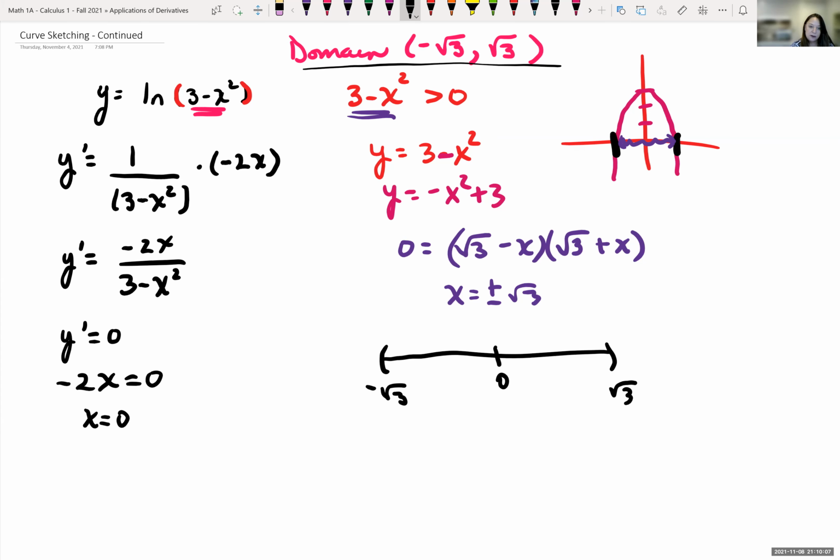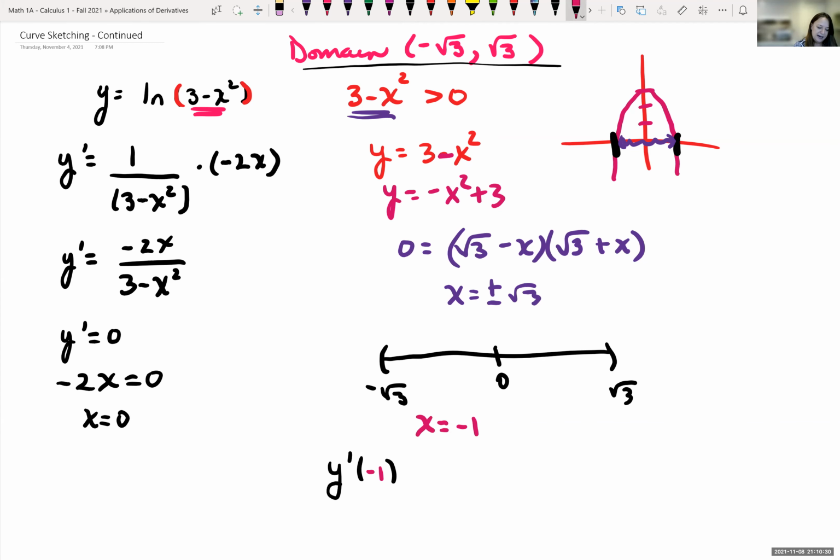So when we test a number, we're going to choose something between negative root 3 and 0. So how about x equals negative 1? So recall we're plugging this into our derivative function to see if we have a positive or a negative value. So if our slope is positive, it's increasing.